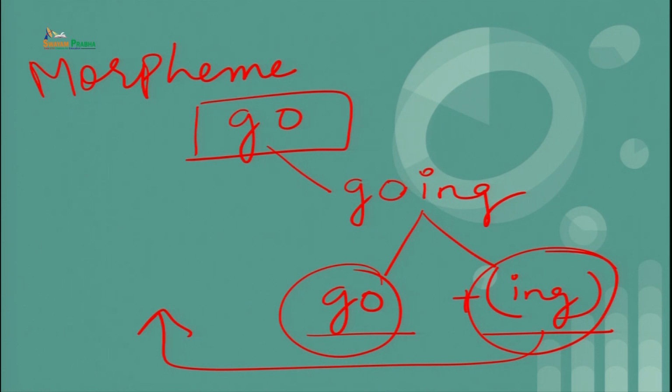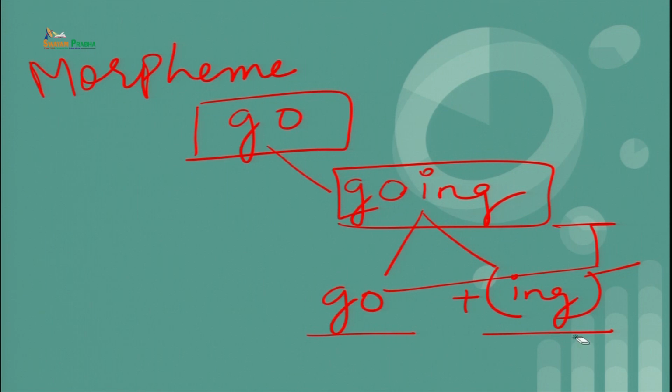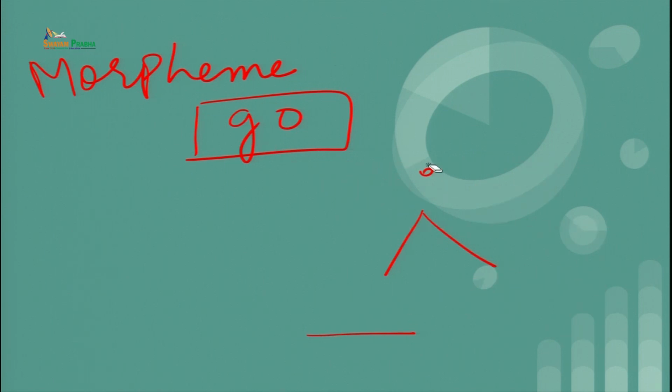It tells that you are in the present tense and it is being in continuation. So, it is the tense marker and you are connecting it with the root, that is go, and you are making it going. Fine. Similarly, I can take up other examples also which are important for you to understand.